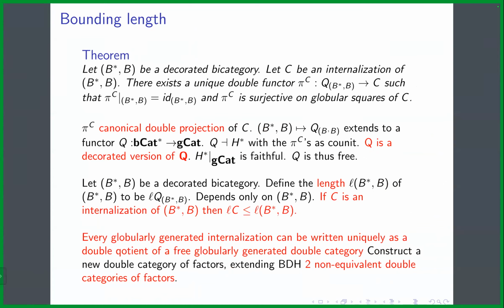But we just defined a canonical double projection satisfying some relations in such a way that we got a new double category of factors that actually extended BDH. And so we were able to extend BDH to a double category. And not just that, we were able to define two non-equivalent double categories of factors, and we just wanted one, which was good. And both these double categories are of length 1.